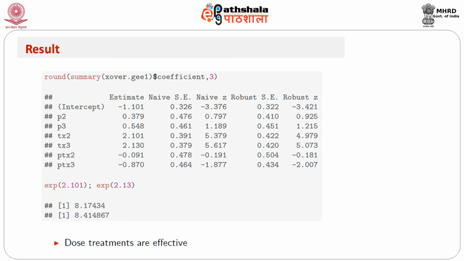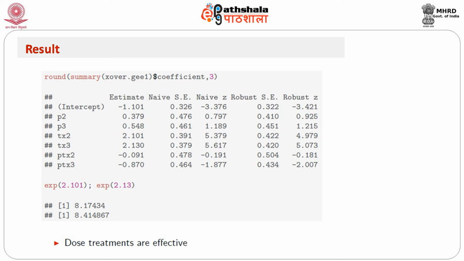The coefficient estimate comes out to be minus 1.101 for the intercept, that is for placebo and period combined. For period 2 this is 0.379, and now note these 2 coefficients, TX2 and TX3. TX2 and TX3 are analgesics at low level and high level, and both the coefficients are very similar. Note that this is a logistic model that we have fitted.